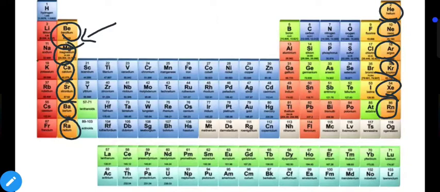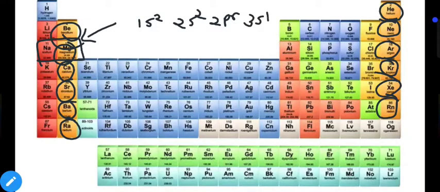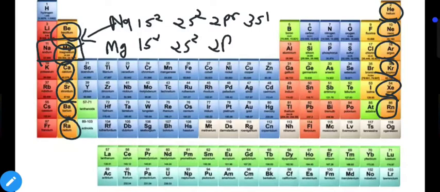If we compare sodium and magnesium, we can see the difference. The electronic configuration of sodium is 1s2, 2s2, 2p6, 3s1. And for magnesium, it is 1s2, 2s2, 2p6, 3s2.